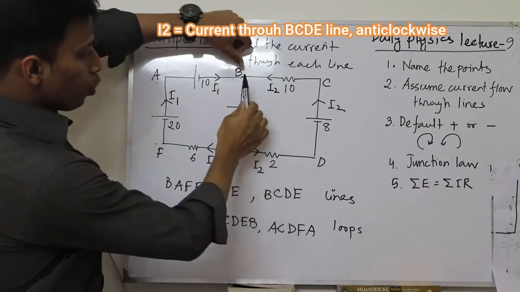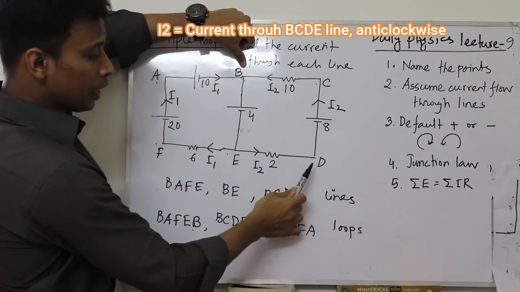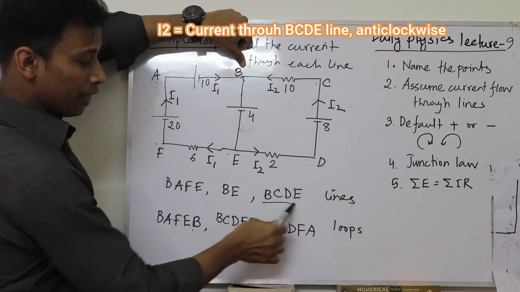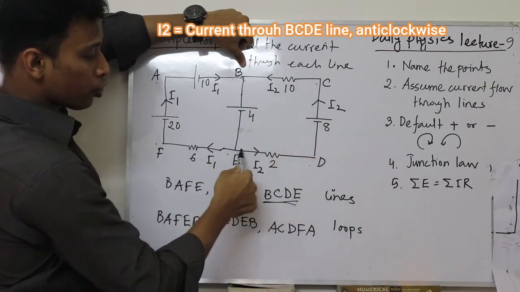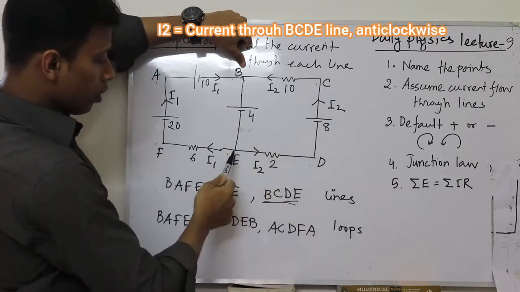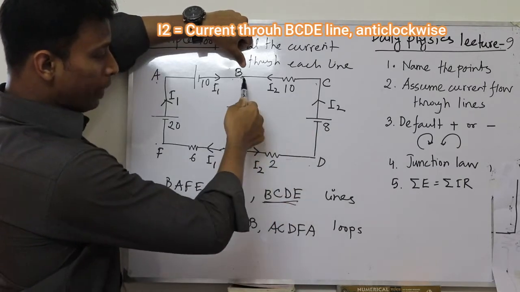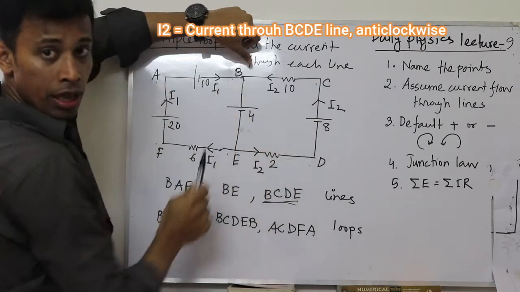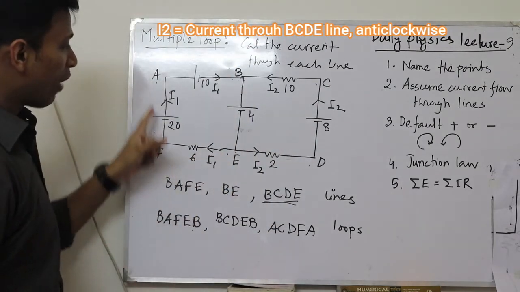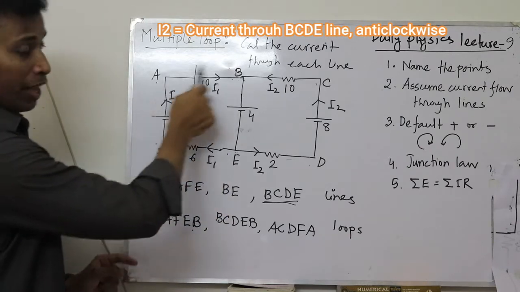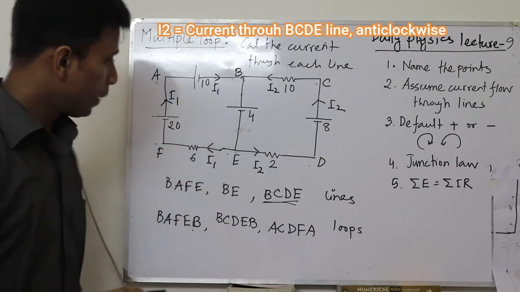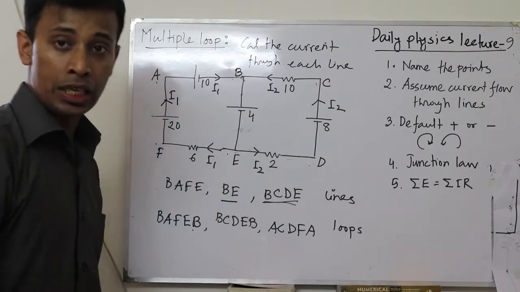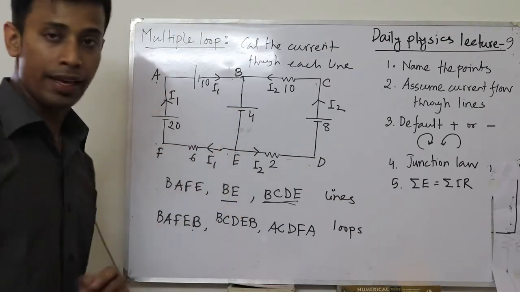So through B, C, D, E, I assume the direction as anti-clockwise, and through E, F, A, B, I assume the direction as clockwise. And now the third line is B to E.